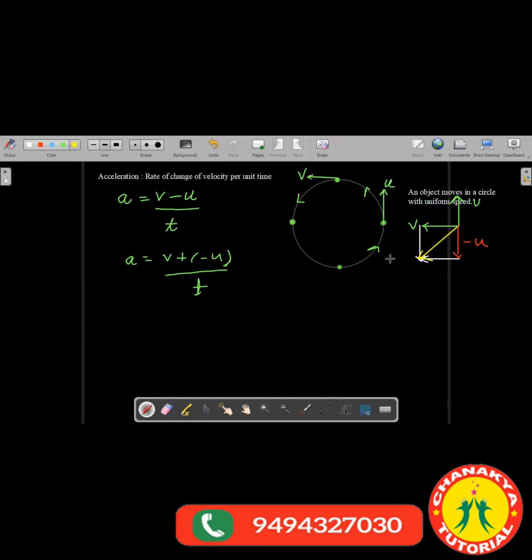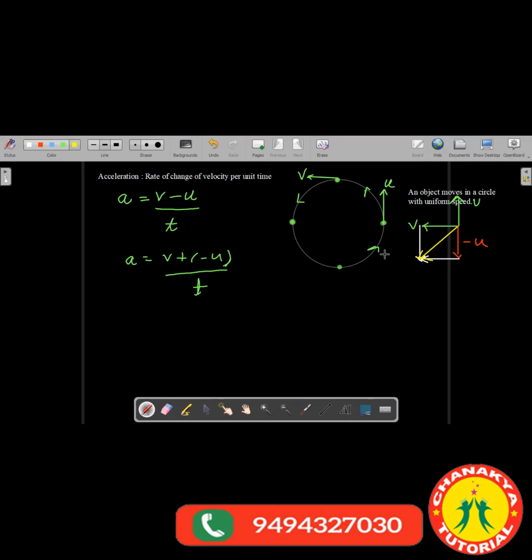So from this, the direction of acceleration is clear. Can you find out what will be the direction of acceleration? Here we find out that at every point the direction of acceleration is directed towards the center of the circle. You observe the same thing at this point.